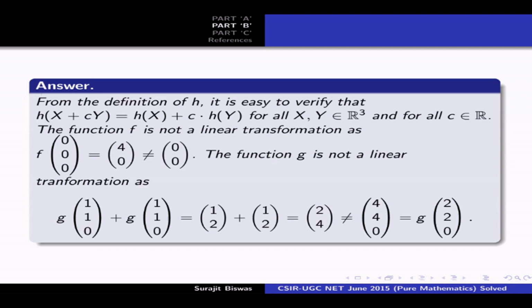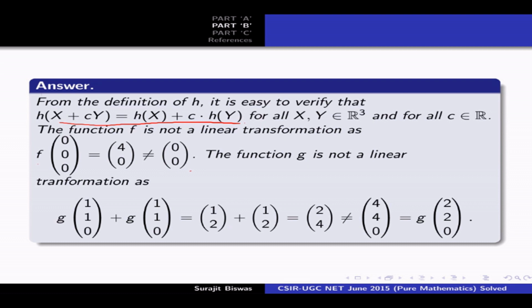From the definition of H, it is easy to verify that this condition holds, which is the linear transformation condition, and therefore H is a linear transformation. The function f is not a linear transformation, as we have already said that f of 0 is 4 0, which is non-zero. The function g is not a linear transformation, which can be seen by choosing this vector 1 1 0.